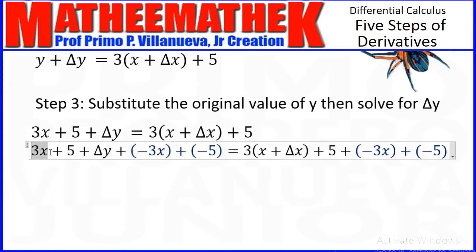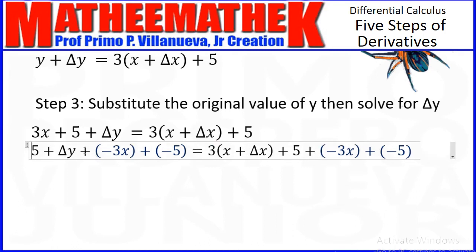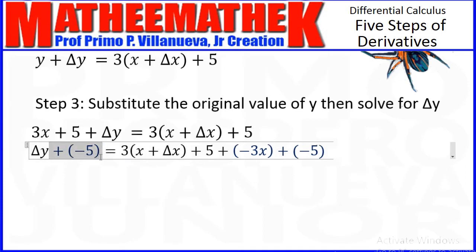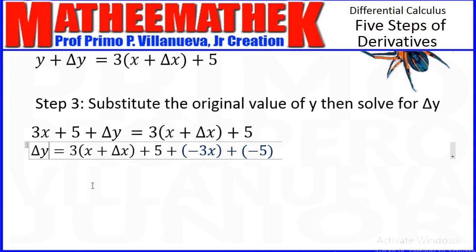Therefore, we can remove 3x and negative 3x. Similarly, we have 5 plus negative 5 that is also equal to 0. So we can remove 5 and the negative 5. So we can see now that what's left in the left side of our equation is just the delta y.